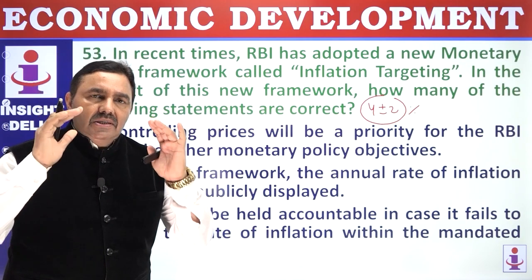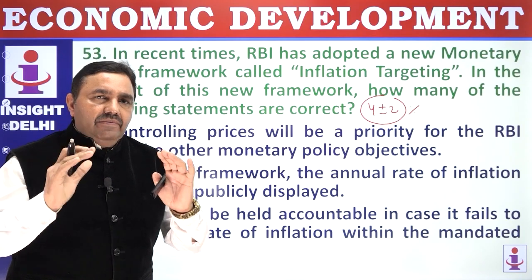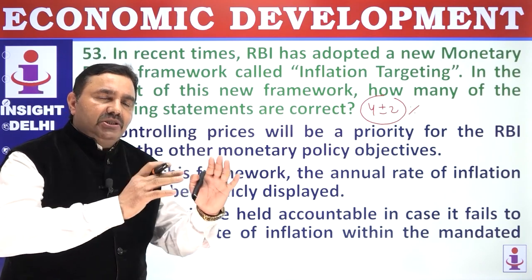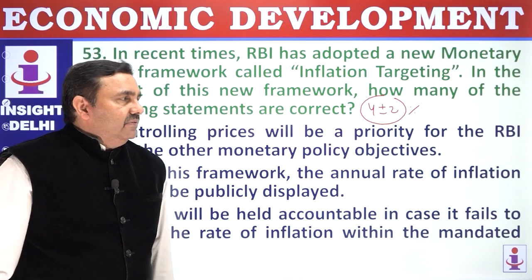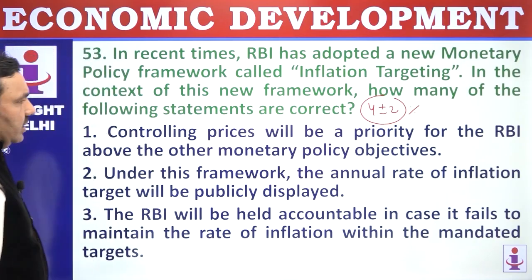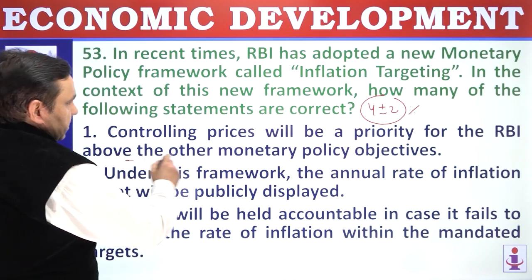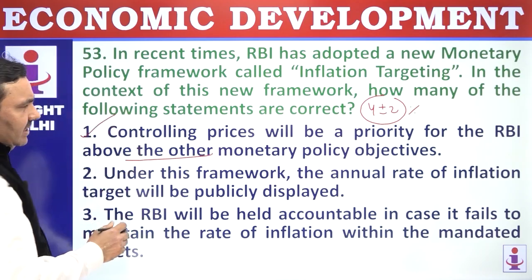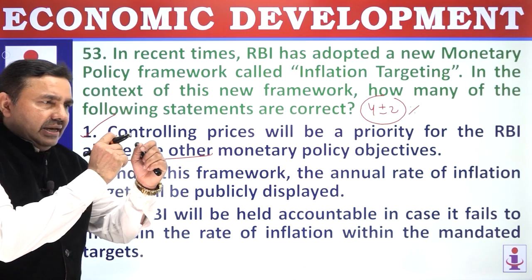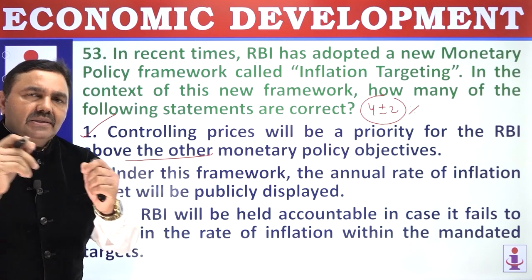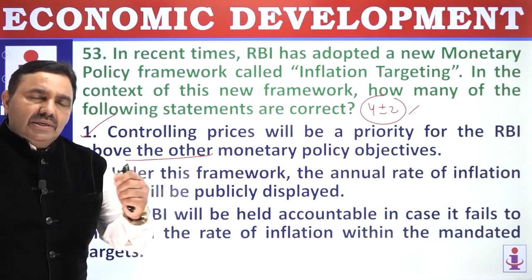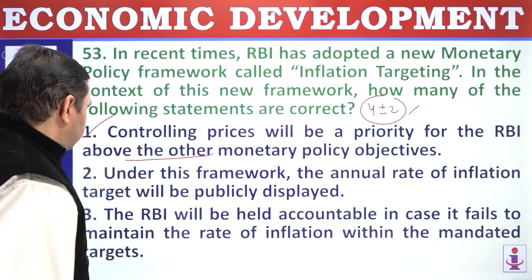This range of inflation is considered to be good for the overall health of the economy, a balance between expansion of the economy and the comfort of the people. Controlling prices will be the priority for the RBI above the other monetary policy objectives. Basically, there are two objectives: employment generation, employment level, and inflation targeting. Growth and other things are also part of the consideration.